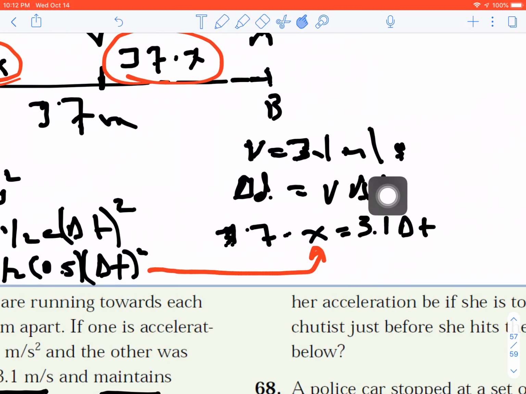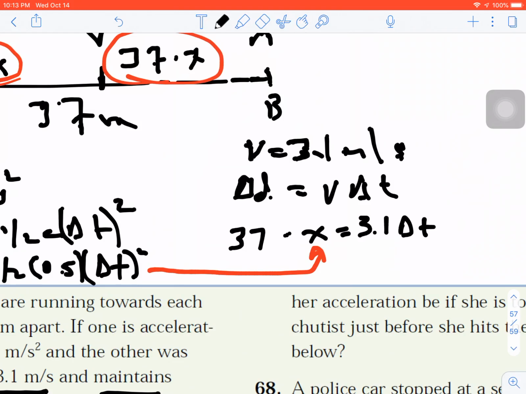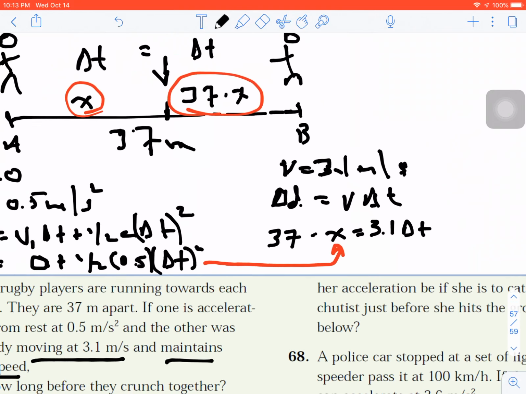I know delta t, and I know 3.1, and I know 37, so I can solve for x. Let me fix this up here. This should be 37 minus x. All right, so there's your math for question 66.